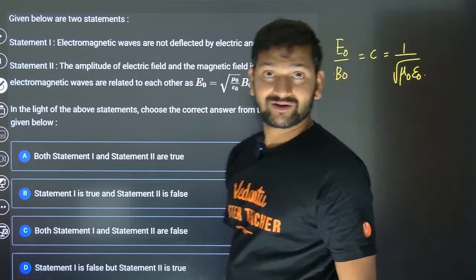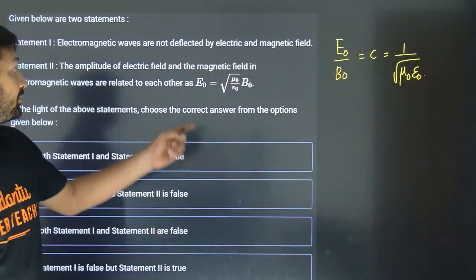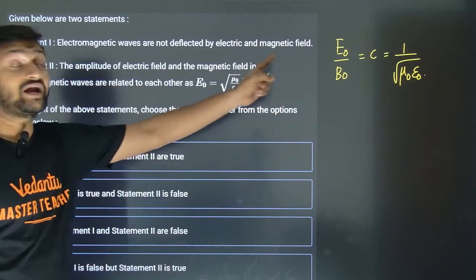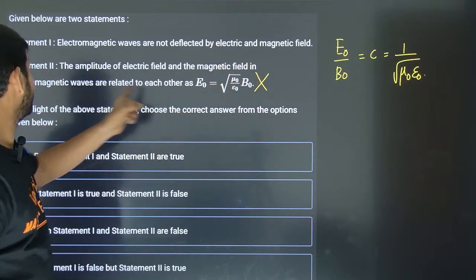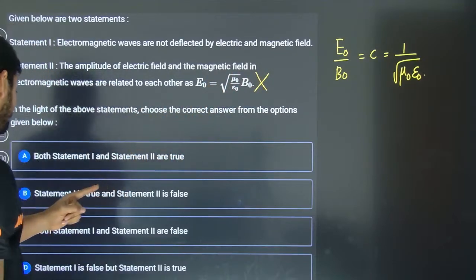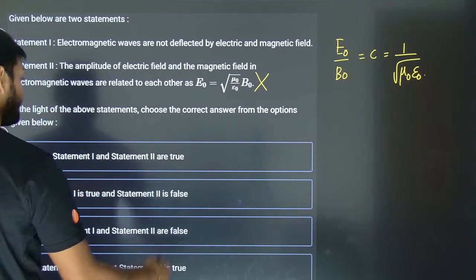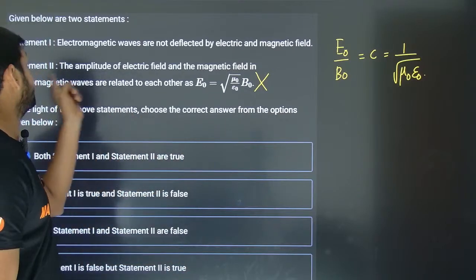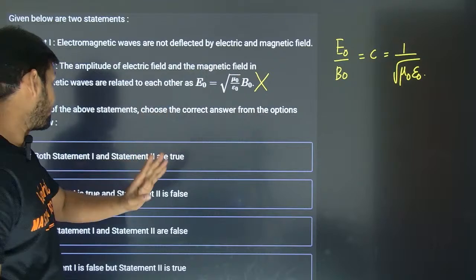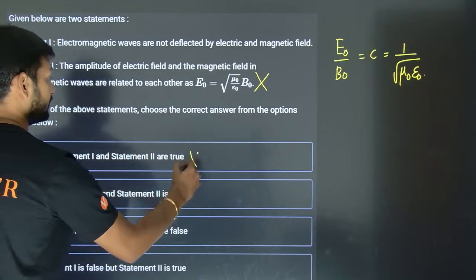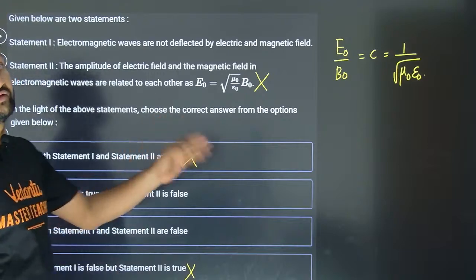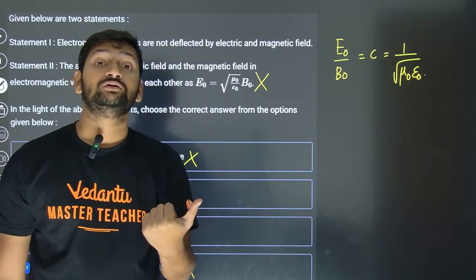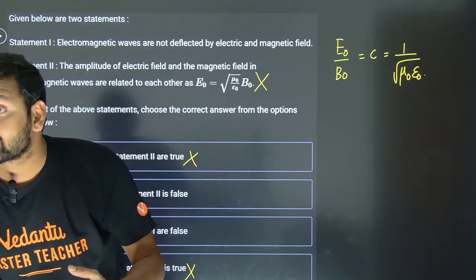Can you see 1 by under root of mu naught epsilon naught? No. That means this one is wrong. So those who don't have clarity about statement 1 can clearly see that statement 2 is wrong. So statement 2 is false, statement 1 is true. At least two options will be eliminated even if you know only statement 2. And an electromagnetic wave does not experience any force due to an electric field or magnetic field.